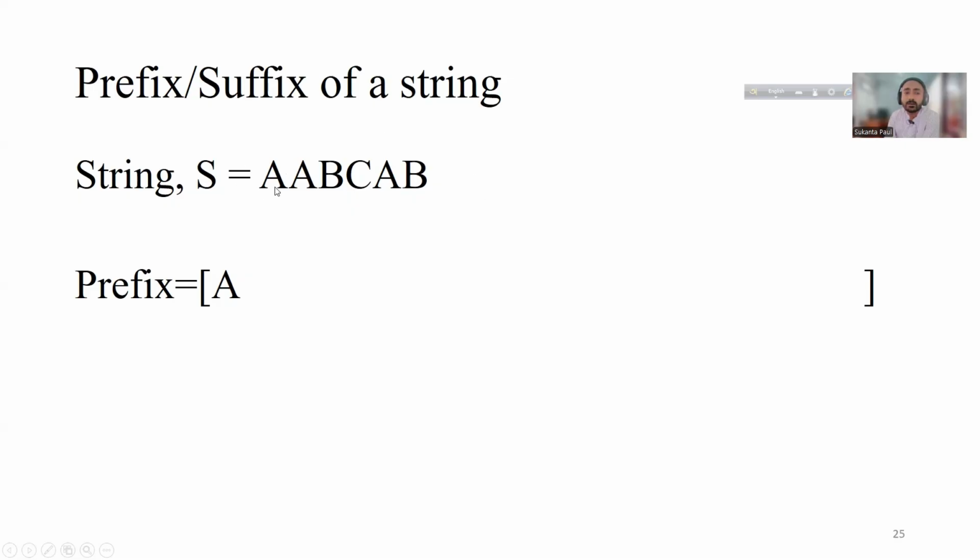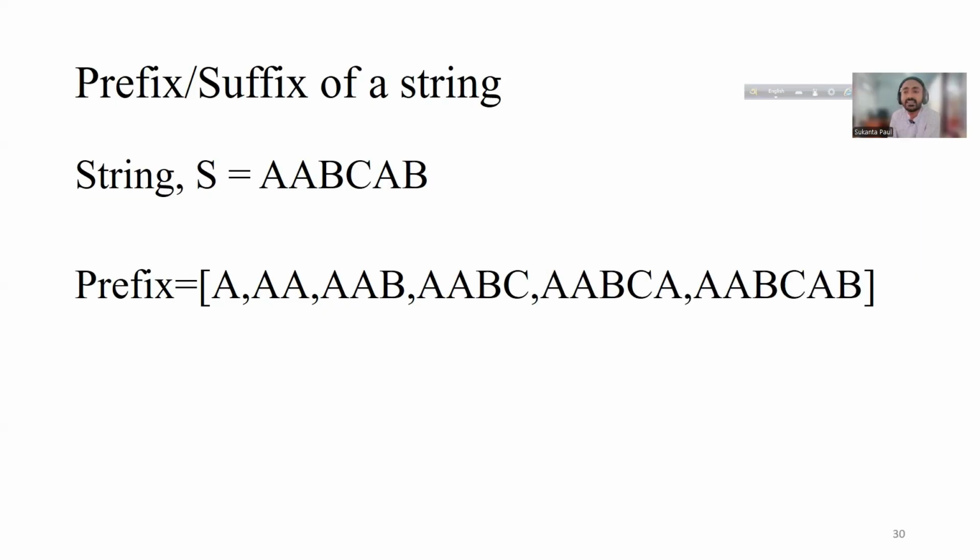If we consider from the first character to the last character, we can make a lot of subsets of the string S. Suppose A is a subset of S; AA is also a prefix of S; AAB is also a prefix of S; AABC, AABCA, and finally AABCAB. These are the subsets, or prefixes, of string S.